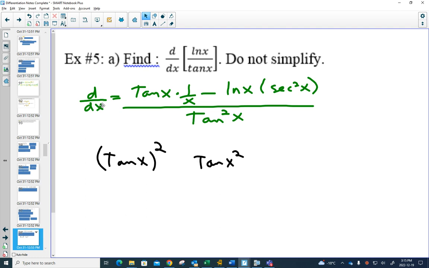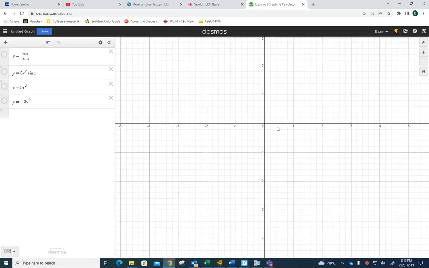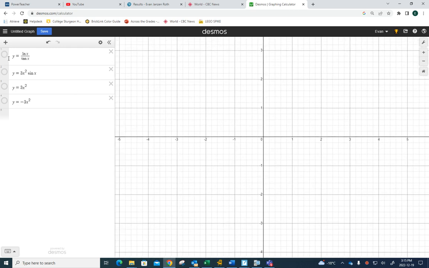Probably should write dy dx, but then there's no y, so probably then have to define it. Notation problems. All right, ready? And we'll move the graph into the middle here. Is this what you imagined?